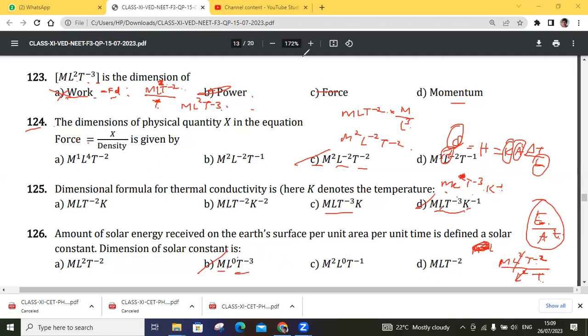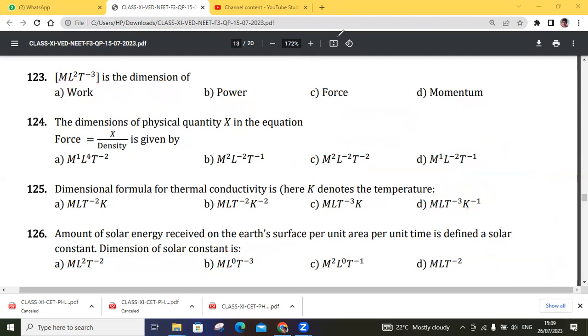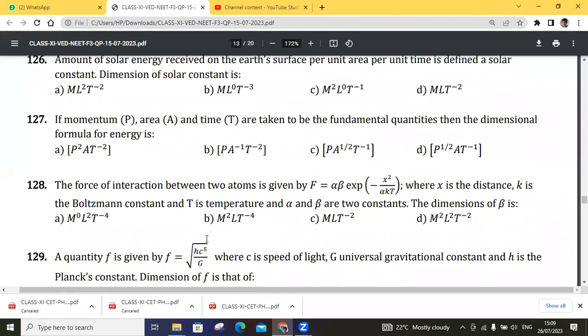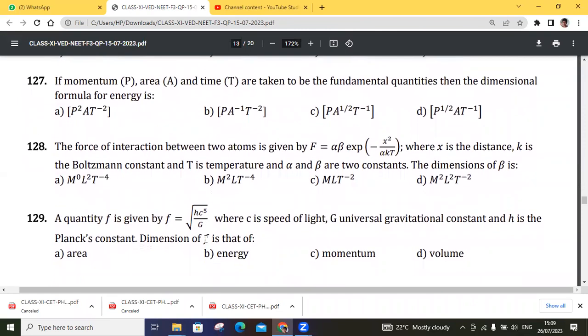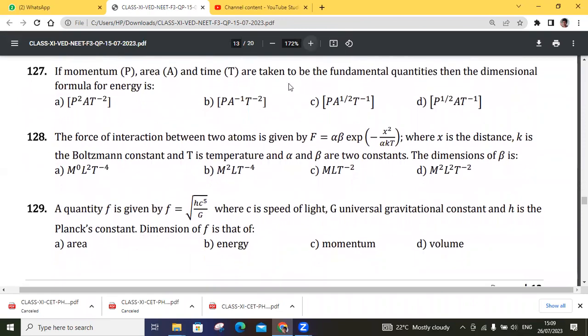Then we have 127. If momentum, area, and time are taken as fundamental quantities, then the dimension formula for energy is... Energy is equal to force into displacement. Force is dp by dt, that is momentum by time.